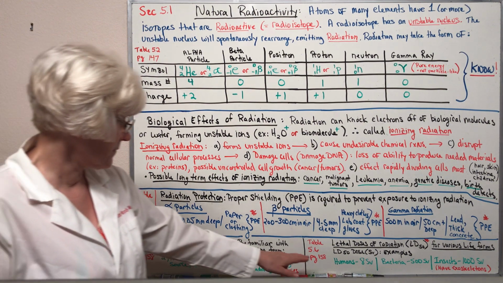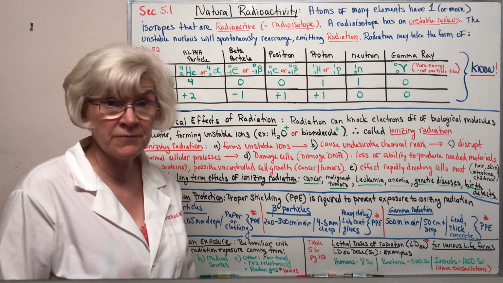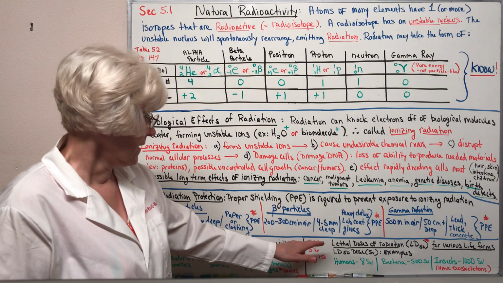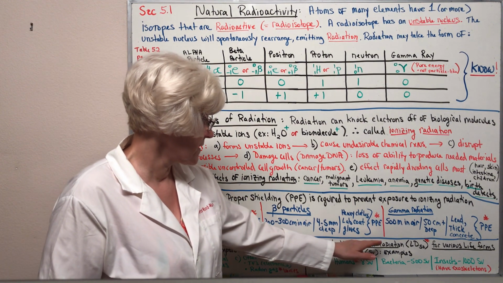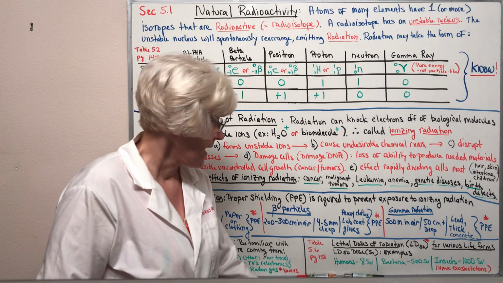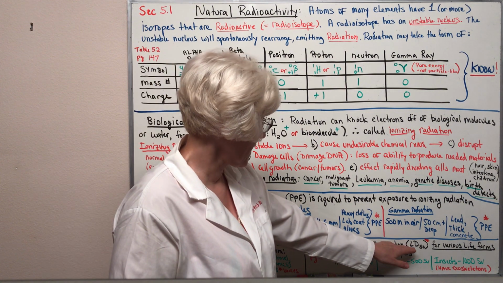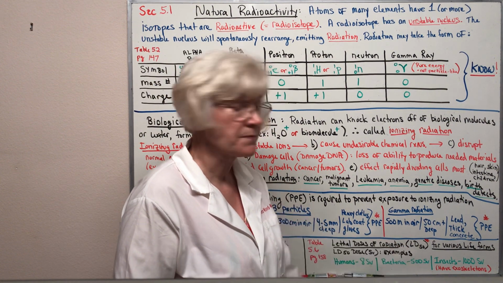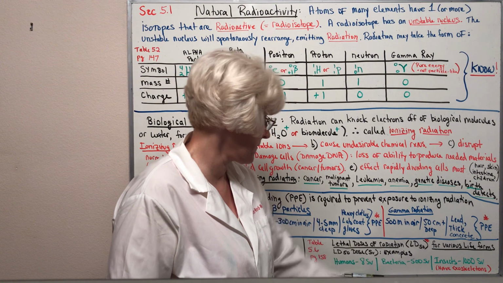You also see on page 158, table 5.6, discussing lethal doses of radiation, and that's symbolized by capital L, capital D, with a subscript 50.